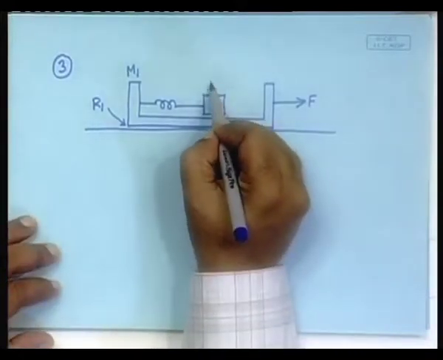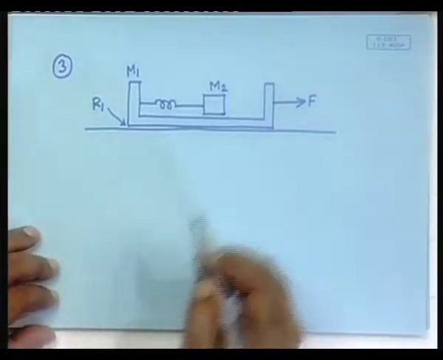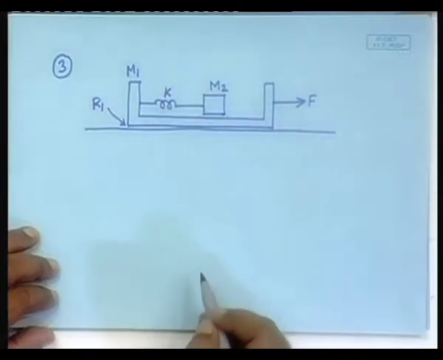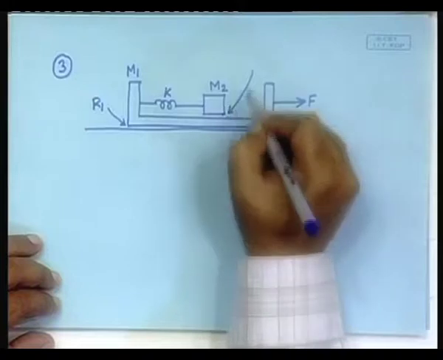So, that is another mass m2. And here is the k spring constant. I suppose that completes the story. No, there will be some kind of a friction.